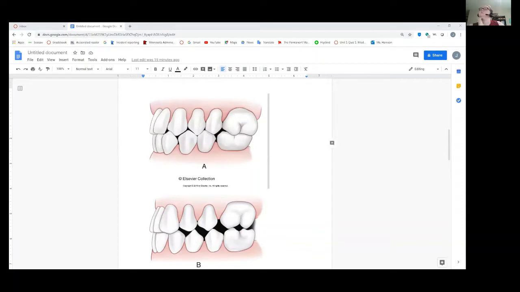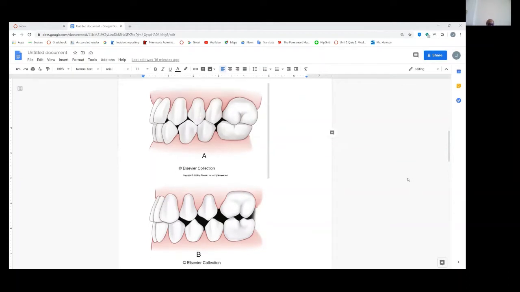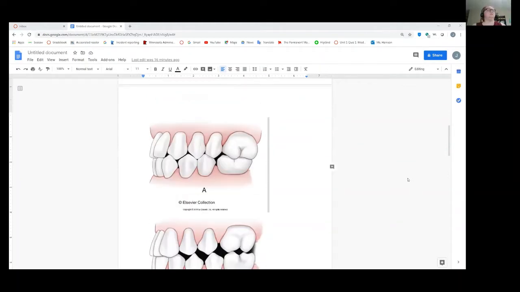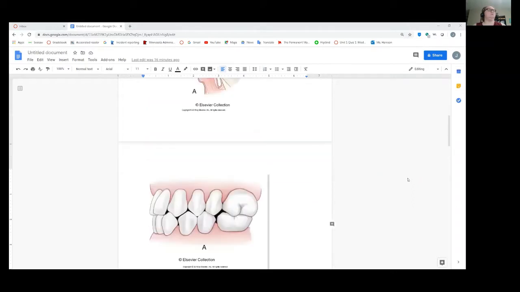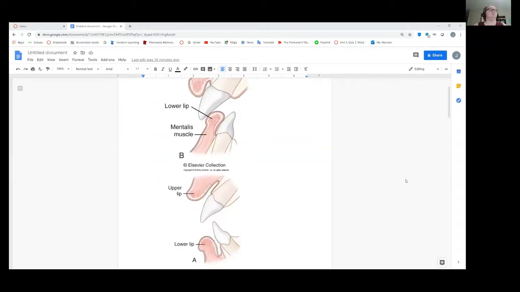This is figure 6.6 in your book, if you want to take a peek at it. Which of these would be protrusion?